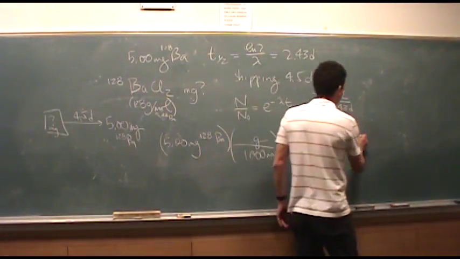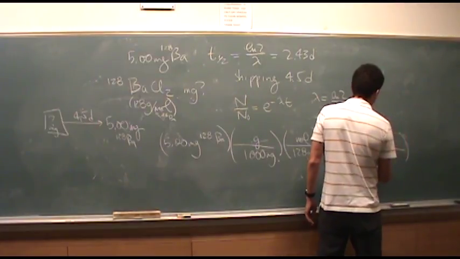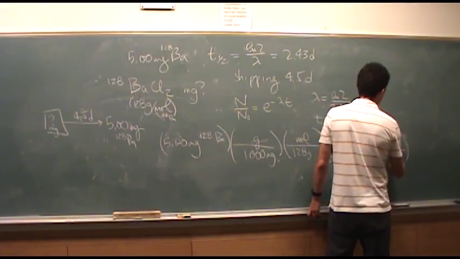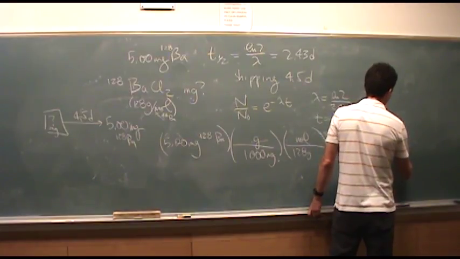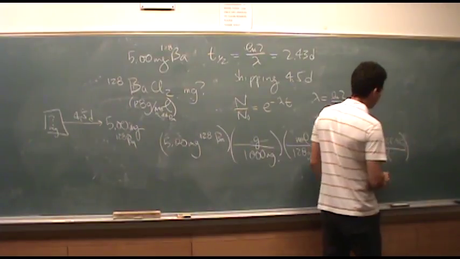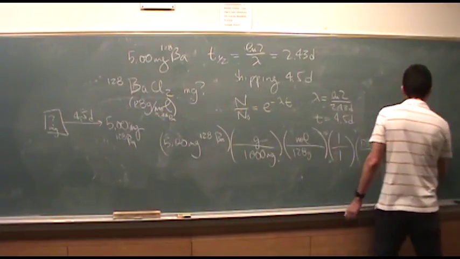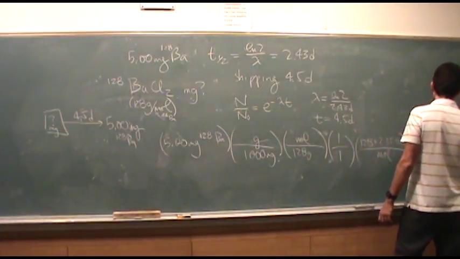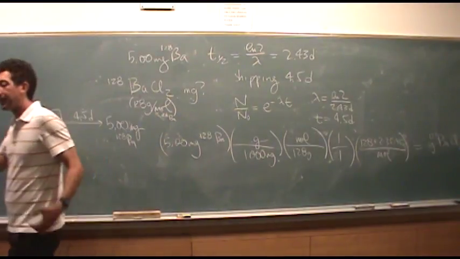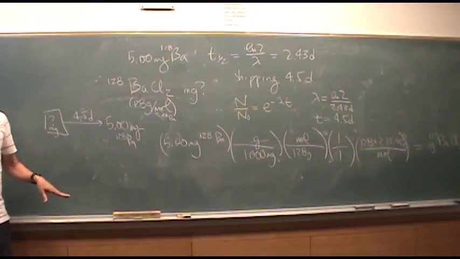Now what? Yeah, so you need to find the molar mass of barium chloride, which would be 128 plus 2 times that of chlorine, 35.45 grams per mole. So this would be the mass of barium chloride that's needed upon arrival at the university.